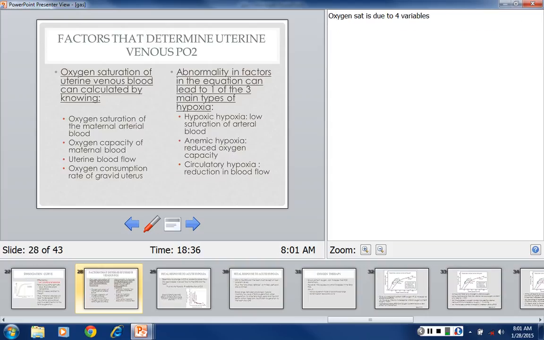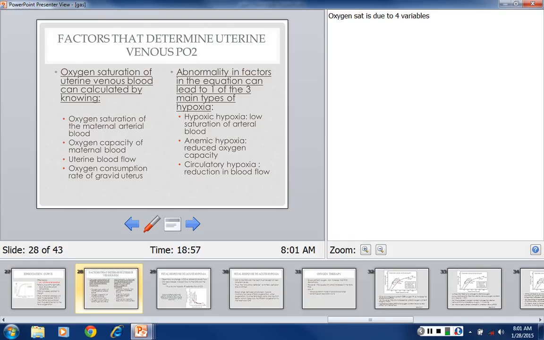That's a wonderful thing. So what are, again, those factors that affect the oxygen saturation of the venous blood? This can be calculated if you know the saturation of mom's blood, the oxygen capacity of mom's blood, the uterine flow, and the oxygen consumption of the gravid uterus.